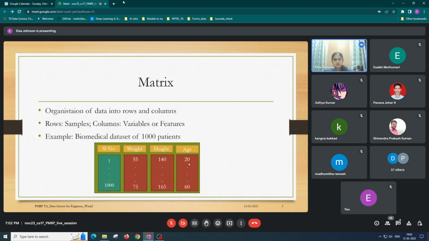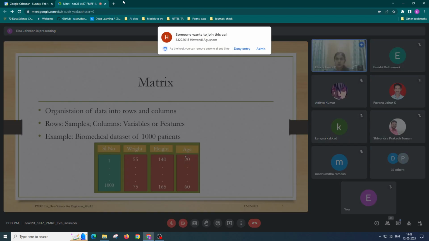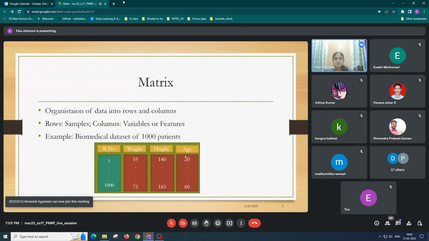So I'll simply rush through the basic highlights. So what is a matrix? It's an organization of data into rows and columns. So rows means, if you are getting the data set, it will be like the samples of the data set, and columns will be like the variables or features.